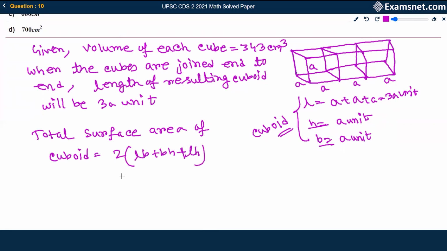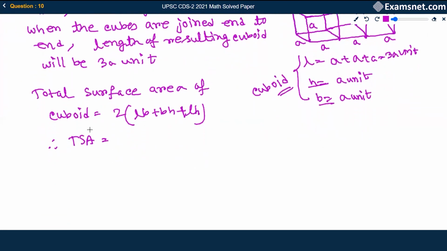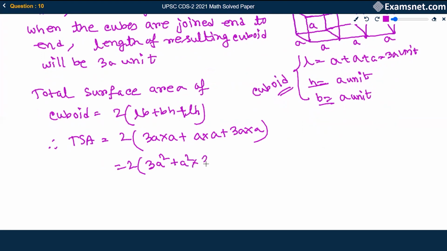Now we will put all these values of L, B, H in this formula. So therefore, total surface area, in short, we can write TSA, a square, 3a square.